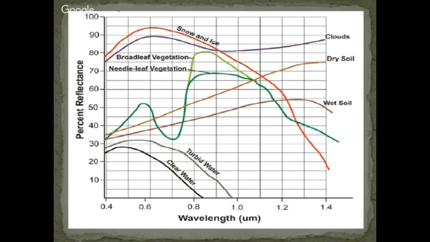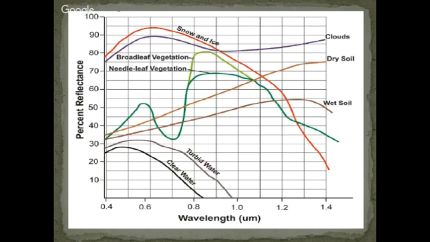In the visible and near infrared part, both surfaces reflect a very high amount of energy, and that is why they appear very bright on visible or near infrared satellite images. But again it is very difficult to differentiate them, because the difference in their spectral responses is very small.